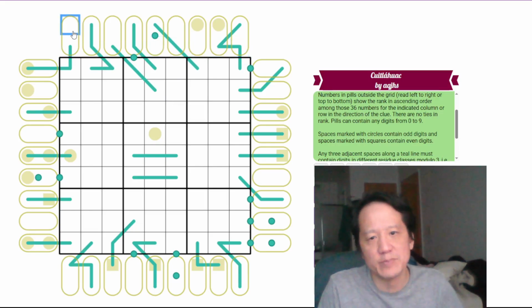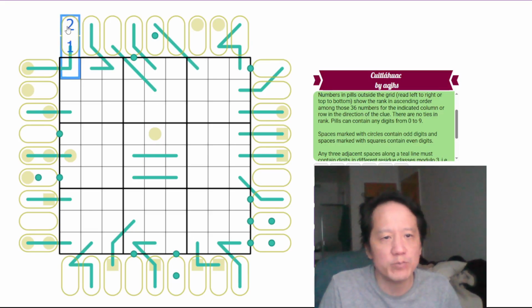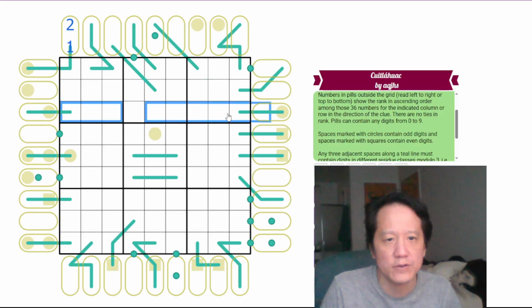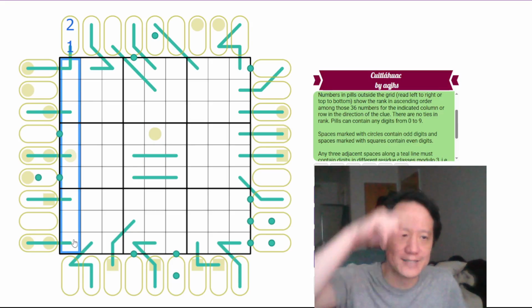So if, for example, this was 22 and 1, that would mean this 9-digit number here, amongst all the 9-digit numbers that we have in the grid, must be the 21st in ascending order.